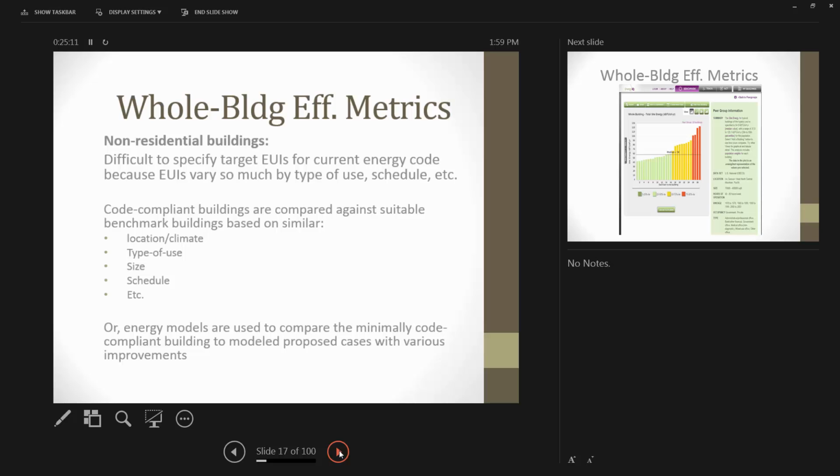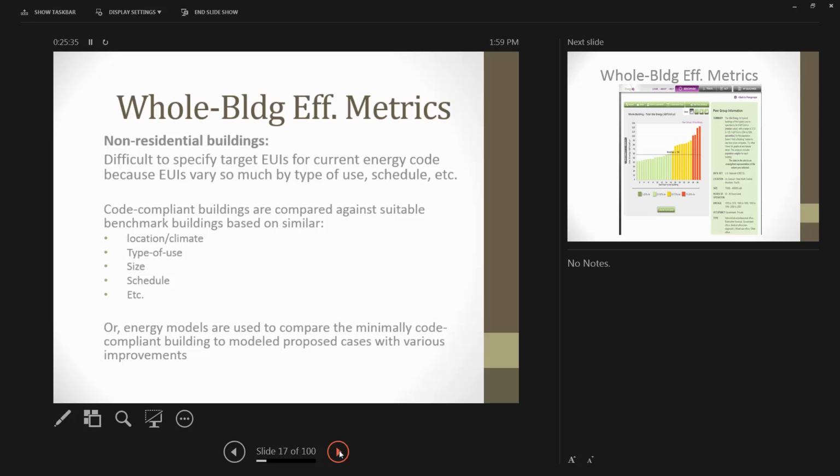For example, if you've got an office building in operation 5 days a week from 8 to 5, versus an educational building where you're going to have night classes, the schedule and use is going to make a big difference in the whole building efficiency measures.